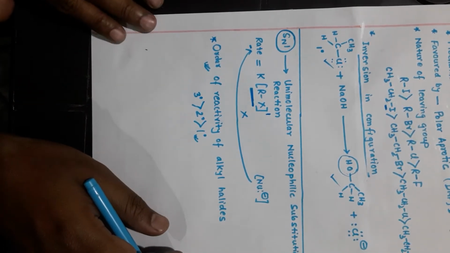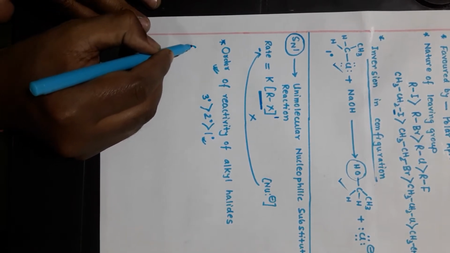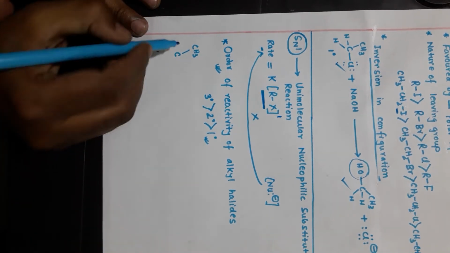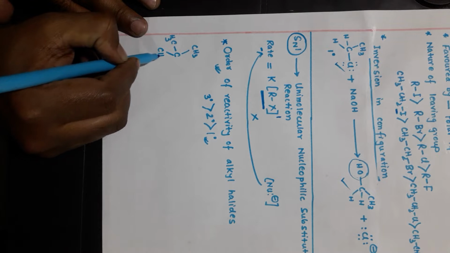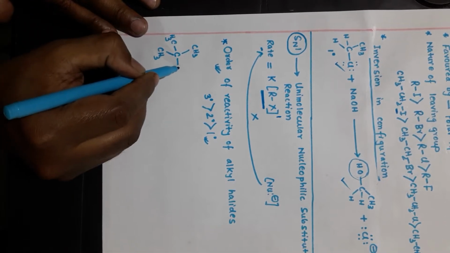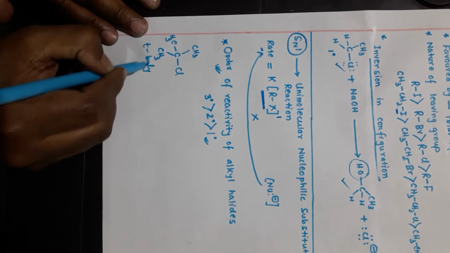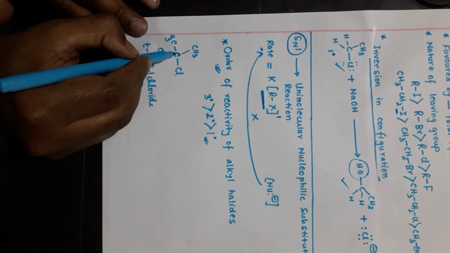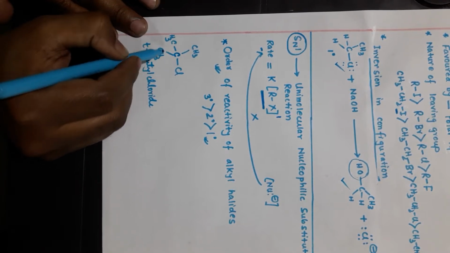So first, let us take an example of an SN1 reaction. I told you that a tertiary alkyl halide has higher reactivity towards SN1 reaction, so I am taking the example of a tertiary alkyl halide. This is tertiary butyl chloride. It is tertiary because the carbon bonded to the chloro group is directly bonded to 3 other carbon atoms.